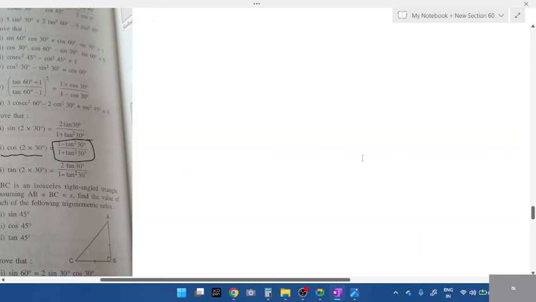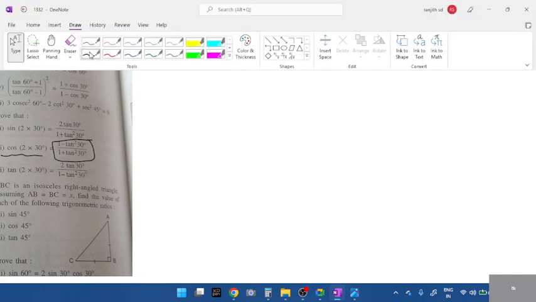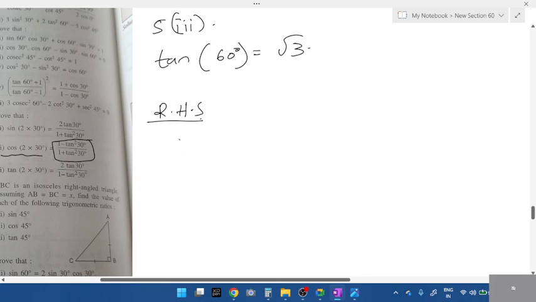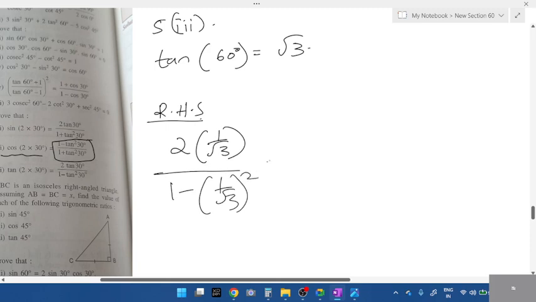Got the answer? Is it the same? Okay, what is RHS, students? 2 into tan 30 is 1 by root 3 minus 1 by root 3 the whole square, right?